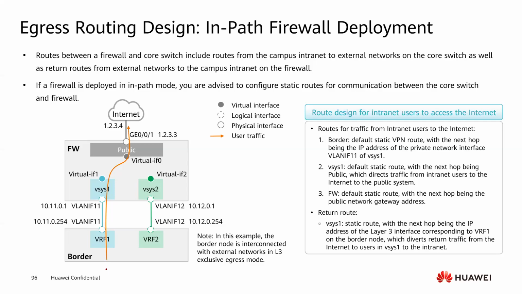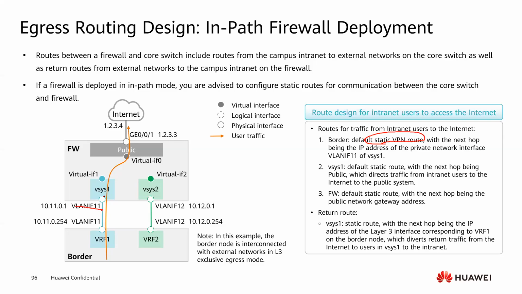an internal user wants to connect to the internet, for the border, you need to configure a static VPN route bound with the specific VRF, and the next hop is the firewall's matching V6 interface IP address.